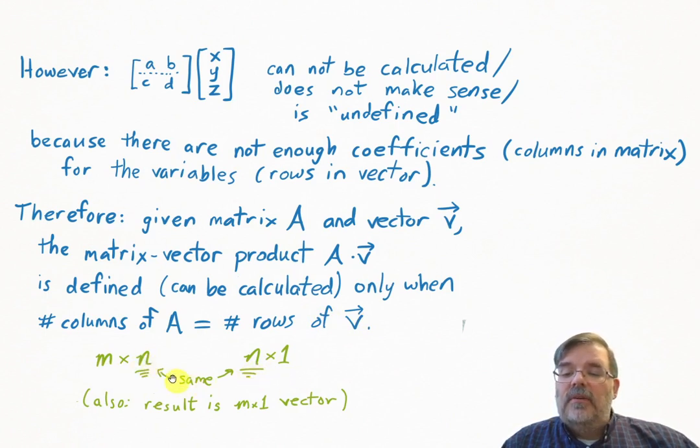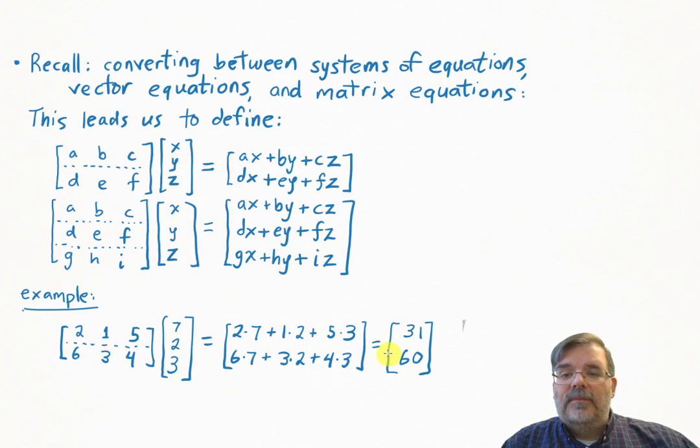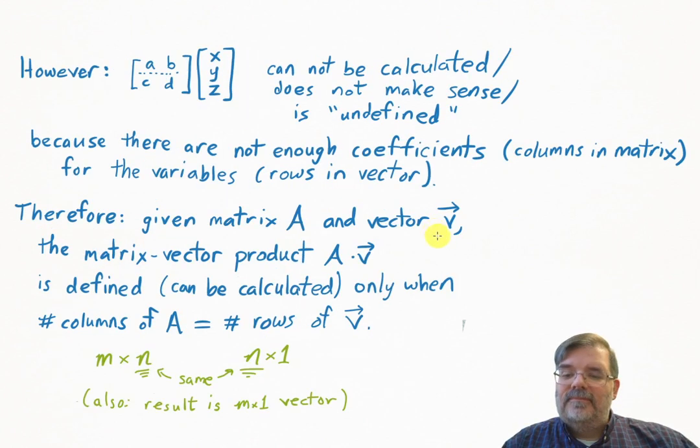Right? These 2 inner components must be the same. And the result will actually be an m by 1 vector. Right? Before, we saw that we had a 2 by 3 matrix times a 3 by 1 vector, and the result was a 2 by 1 vector. And that will generally be true.